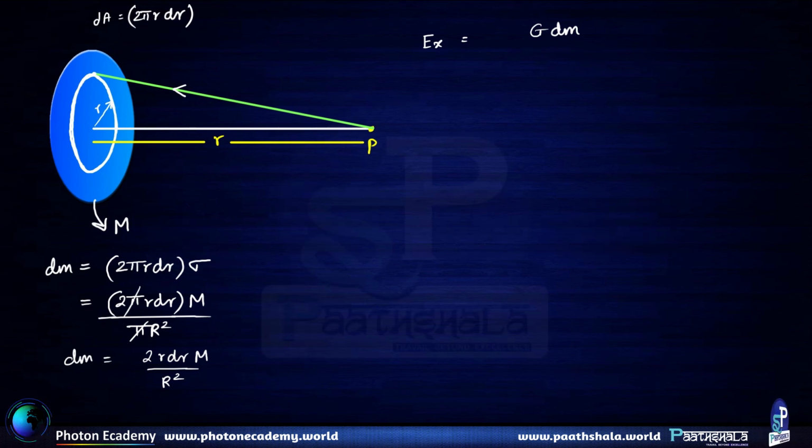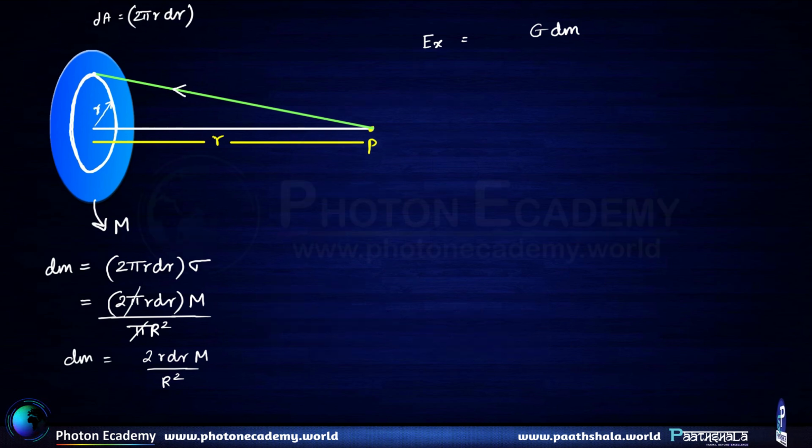Here there are two r's, so I need to change the notation. I will use x as the notation for the radius of the ring, because r is the distance from the center to the point P. So this notation is x basically.